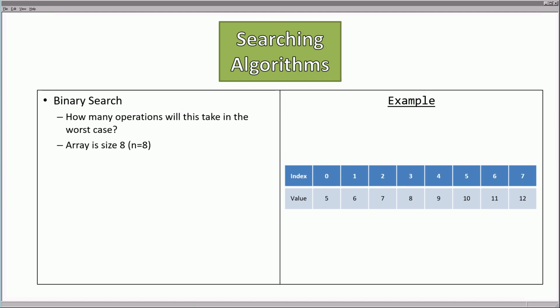Let's apply this now to binary search. Once again, our array size is 8. In this case, what we have to do is find that center value, compare, and then split.